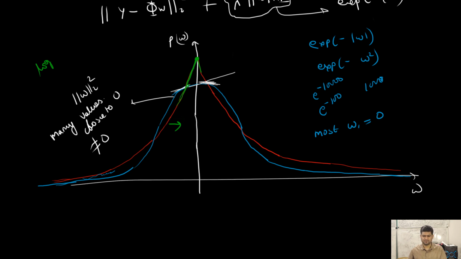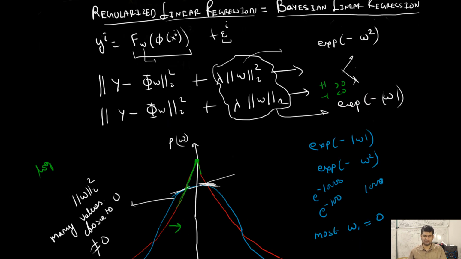And that's why when we have L1 regularization, since we are going to have a lot of W's as zeros, sometimes this L1 regularization is also known as a feature selection procedure, a feature selection algorithm in the machine learning literature.